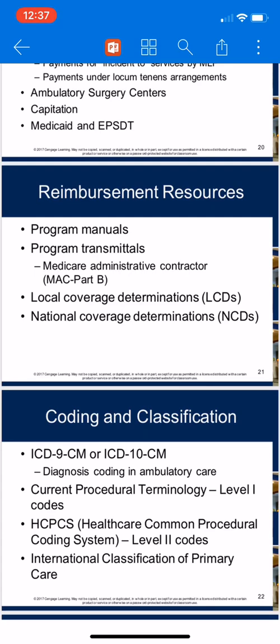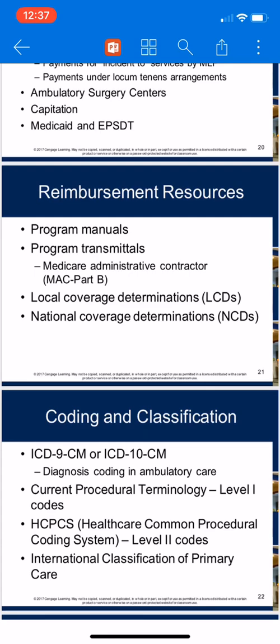Claims for Medicare ambulatory care under Part B are filed with the Medicare Administrative Contractor, or MAC, Part B, in a given state or region. These Part B contractors publish local coverage determinations, these are your LCDs, which must be consistent with federal guidelines, but provide further guidance for providers in the area served by a specific contractor. Most coverage determinations are local.